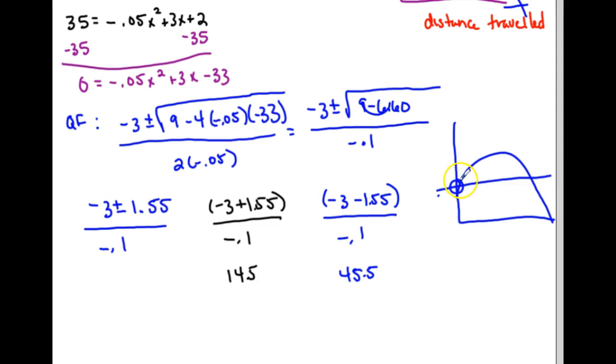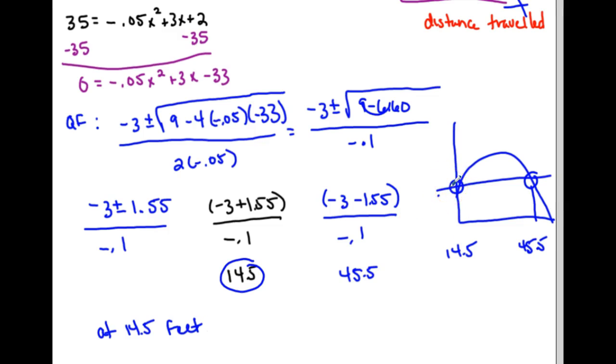This intersection is at 14.5 feet away from where I threw it. This intersection is 45.5. So which was the one I wanted? 14.5. So I can answer this by saying at 14.5 feet. That's what I'm going to end up hitting my light pole.